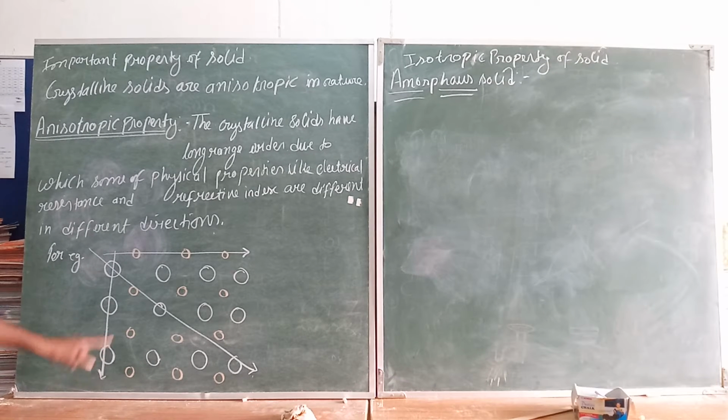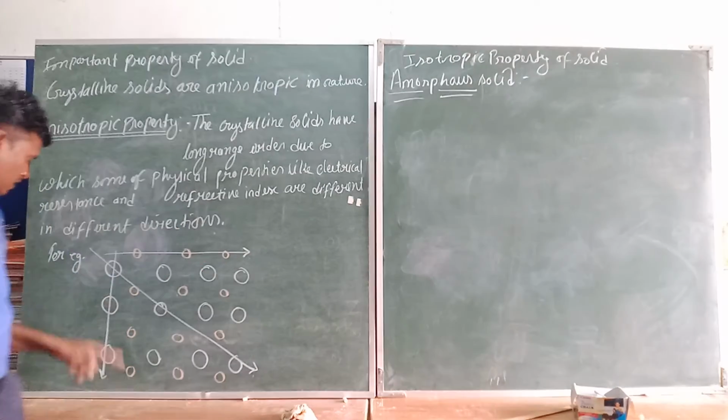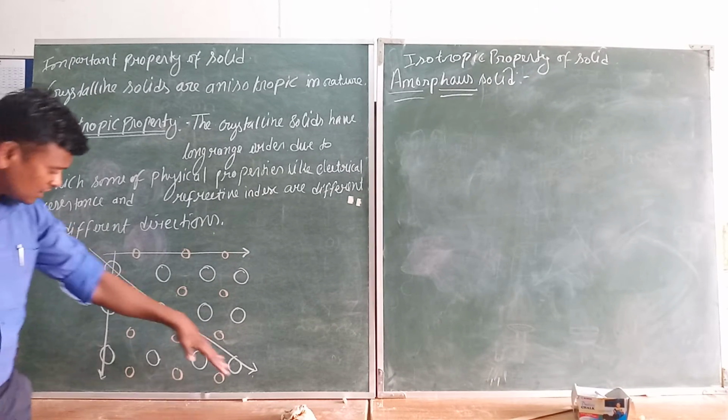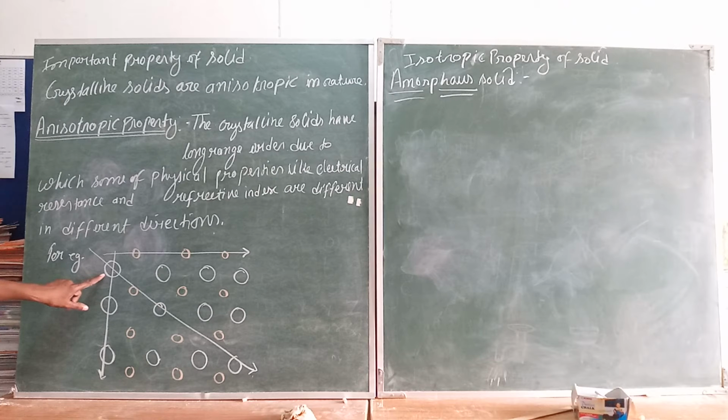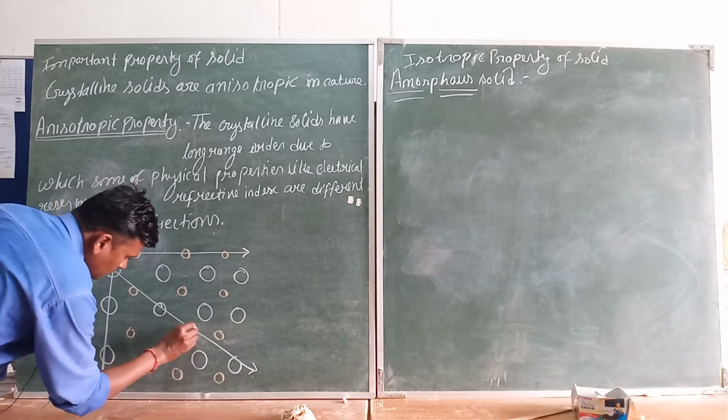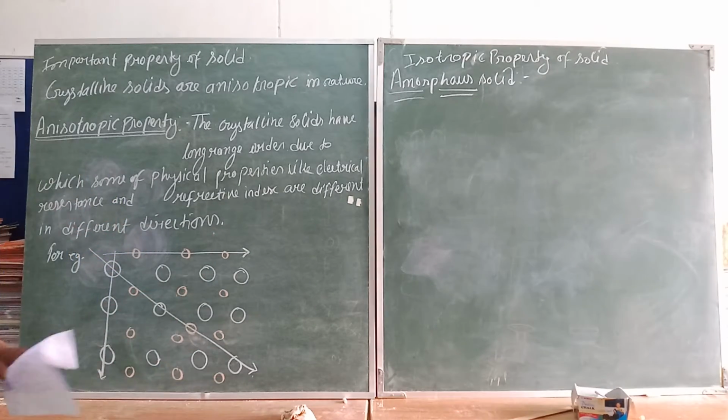Why? Because here the size of the atom is different and here also the size of the atom is different. Suppose we move along this direction, here the size of the particle is large, here small, here large, here small, and here large.